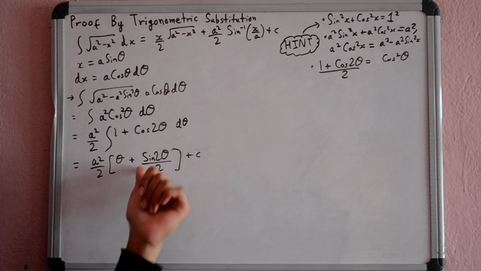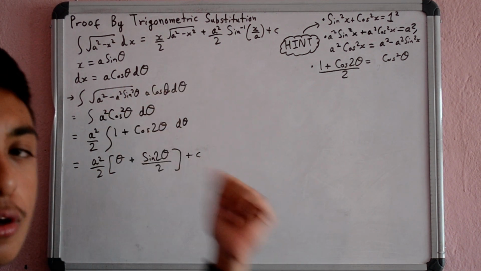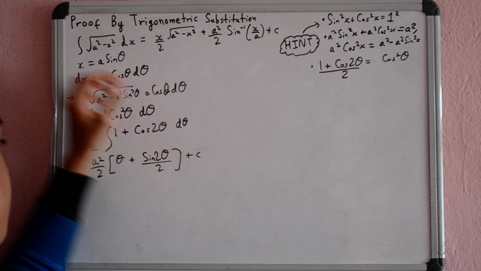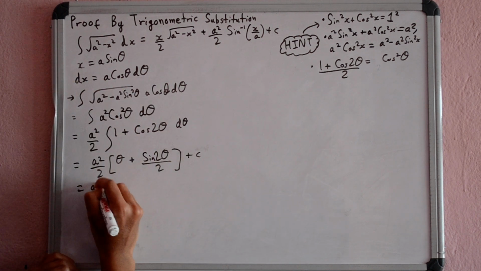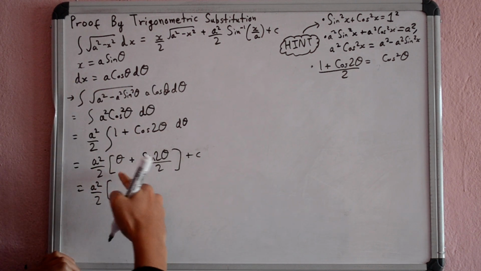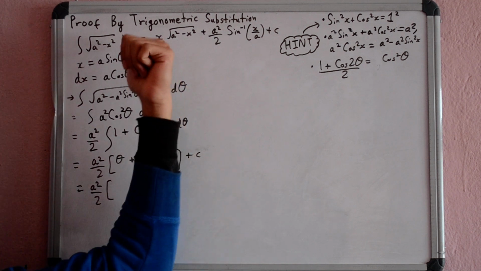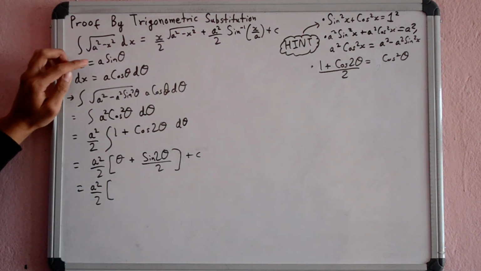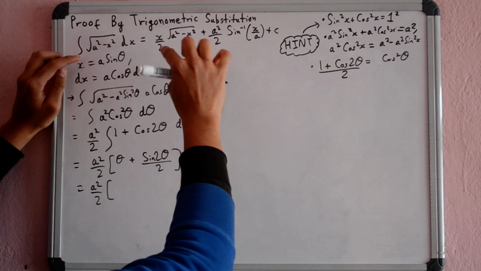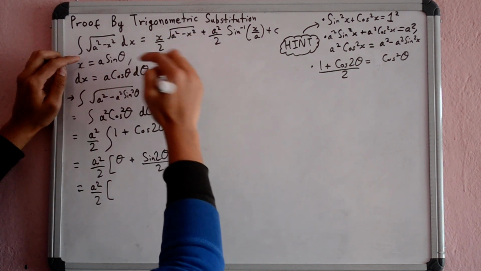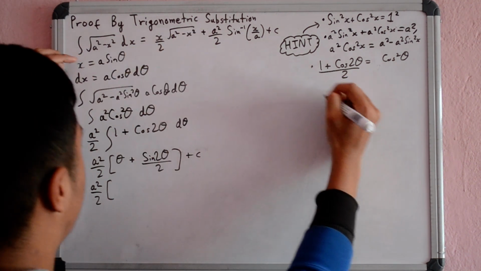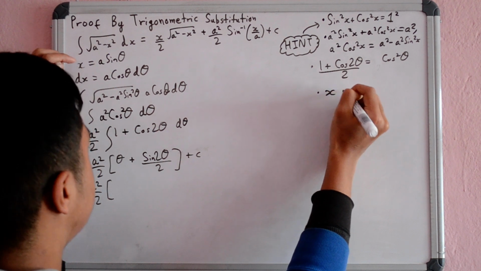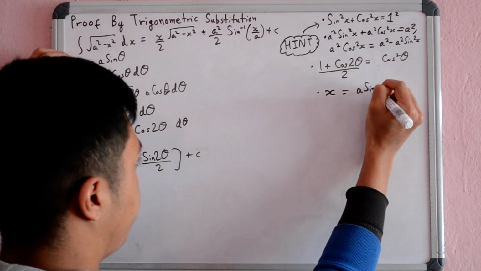Now we have to go into some logical and trigonometric geometric part. So first, what is theta? We need to put it back into the x dimension. So from here, theta will be equal to, well, I'll put it in this corner. We have let x equals a sin theta.